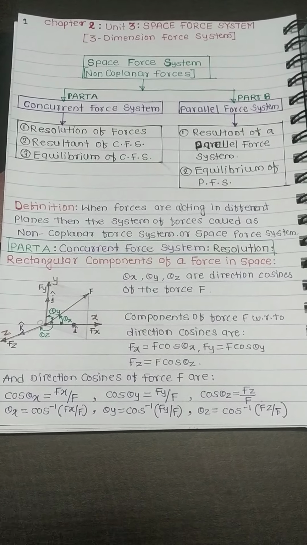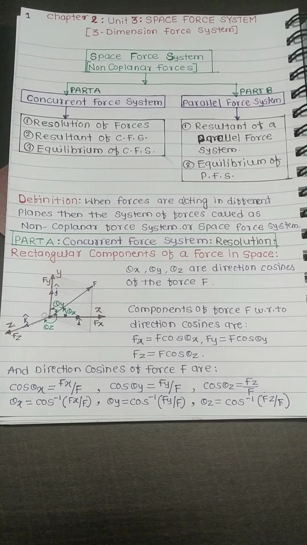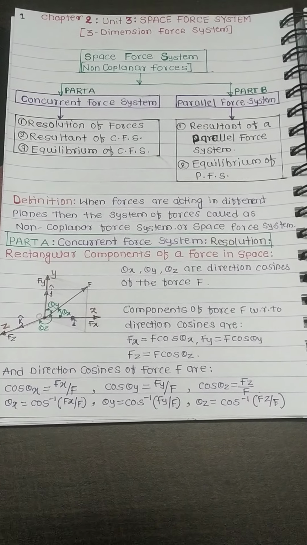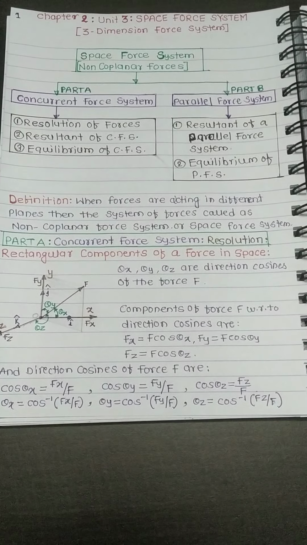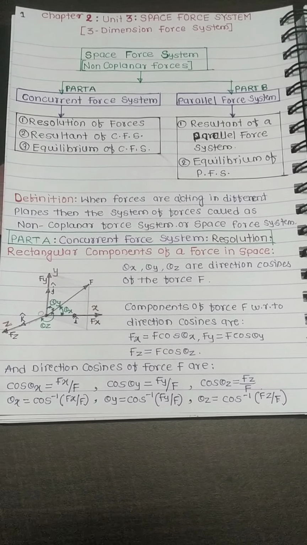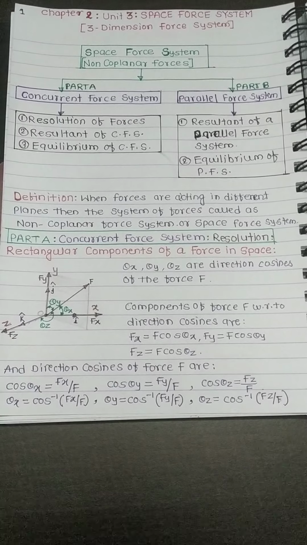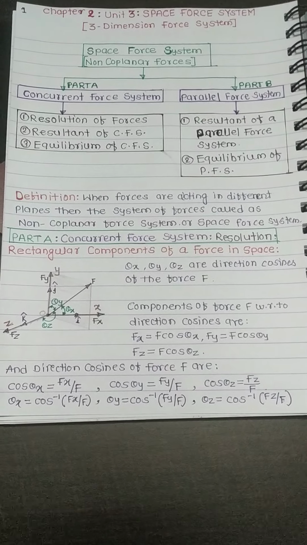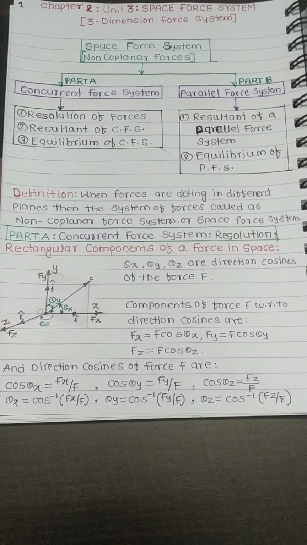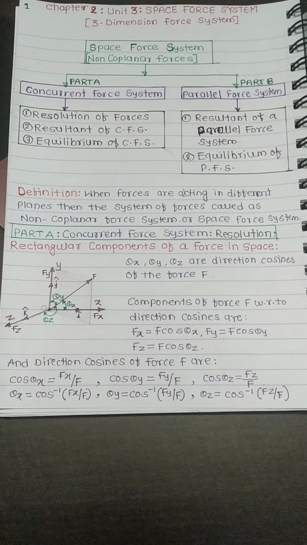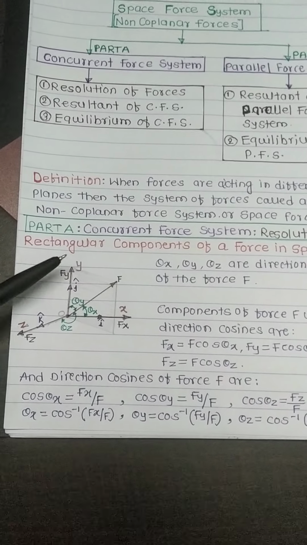The very first topic in the resolution method is when the cosine direction is given for a force, and for that I have taken one example. You can see the figure I have drawn.